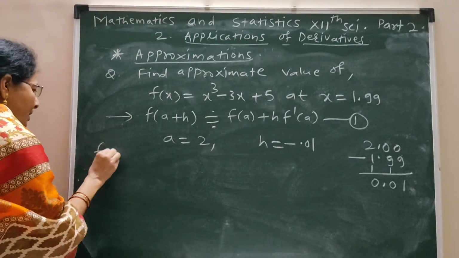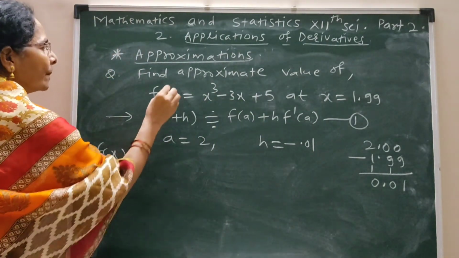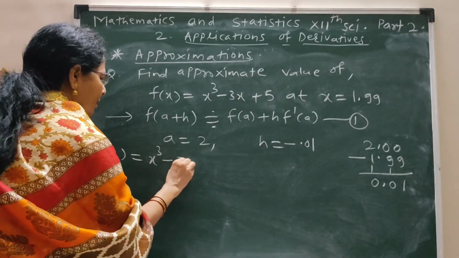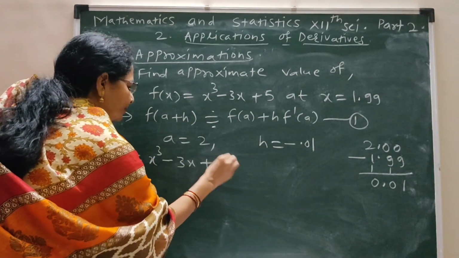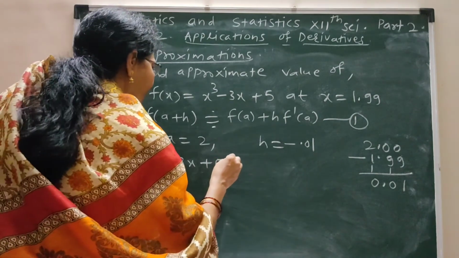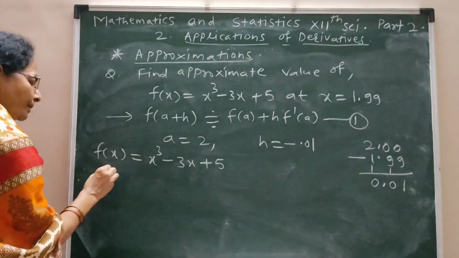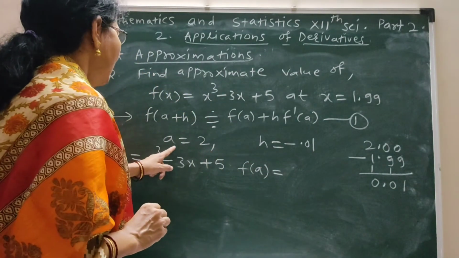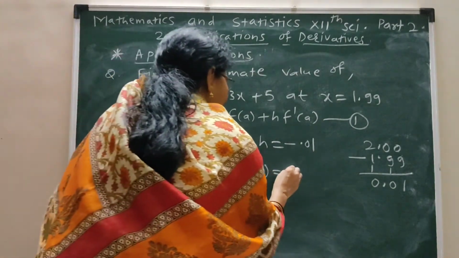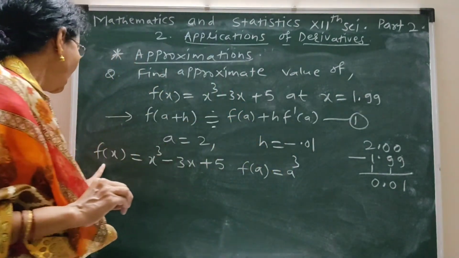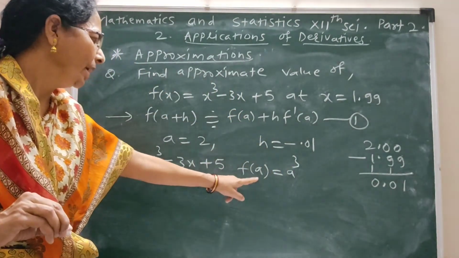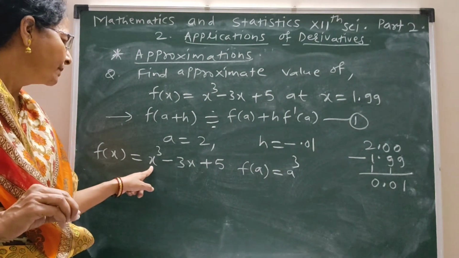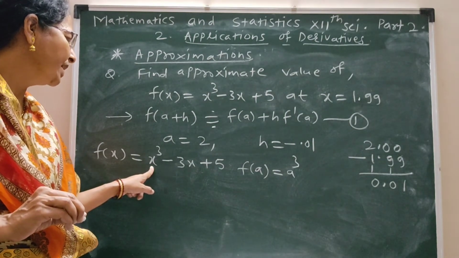As usual, f of x is x cube minus 3x plus 5. So f of a is a cube minus 3a plus 5, where there is x, write a.